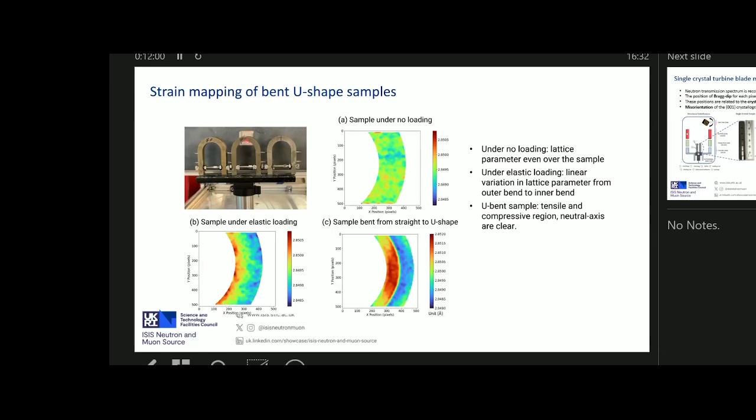And for the third one, you can see the blue area in the outer half band and the red in the inner half band. And you can also see a very clear line separating these two areas, which represents the neutral axis of the bending.